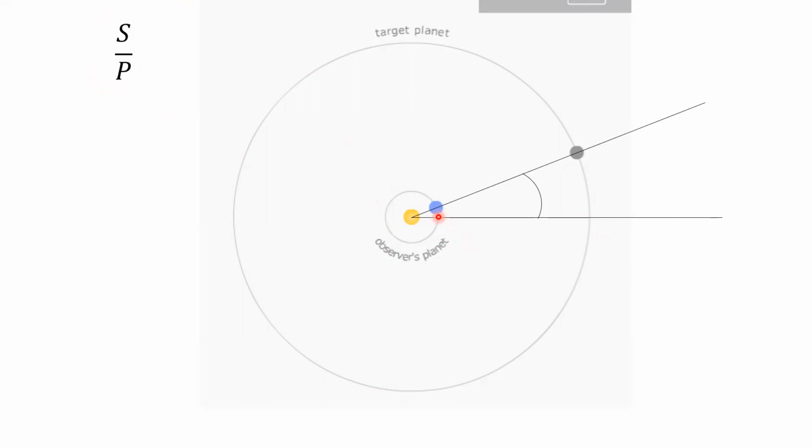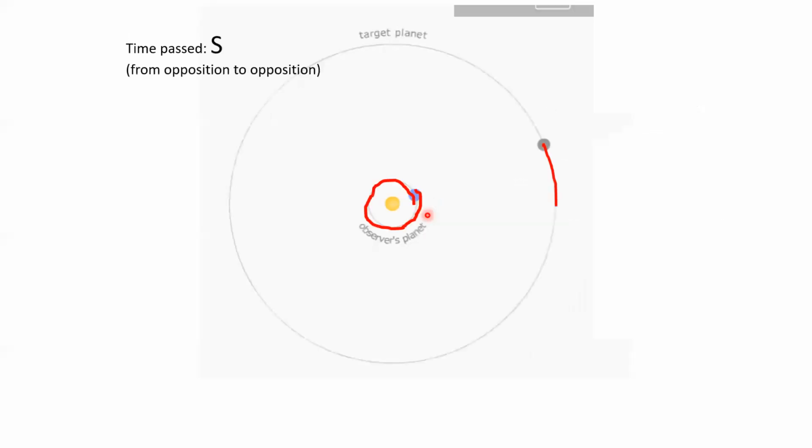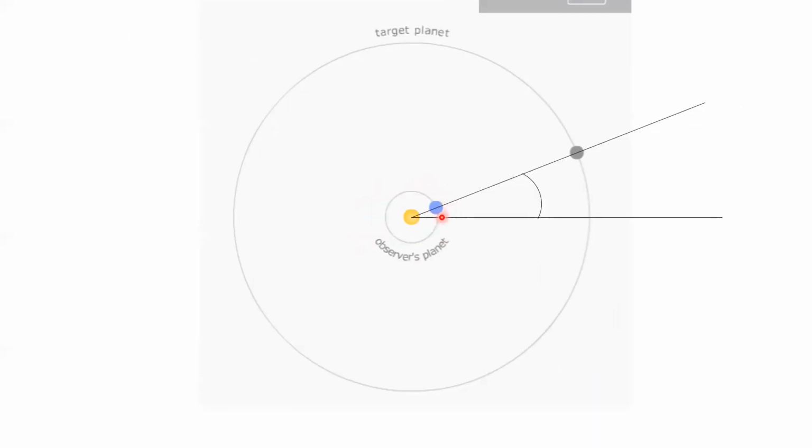So remember, the Earth started here at the first opposition and then went all the way around. It passed its starting point and got to here. That whole amount of time is called the Synodic Period, right? Remember the squiggly a couple slides ago? The amount of time it took Earth to do this whole thing is the Synodic Period. But I'm interested in just the amount of time it took Earth to go the little bit extra.